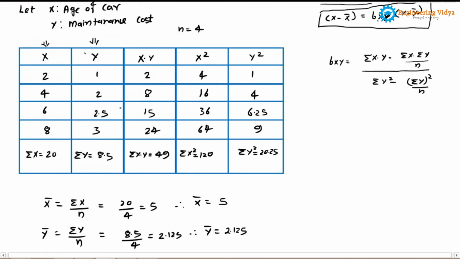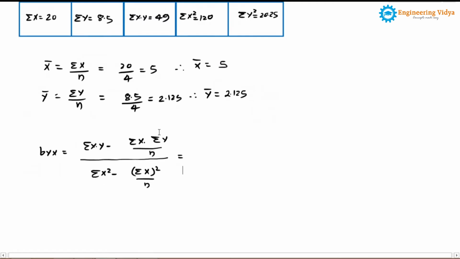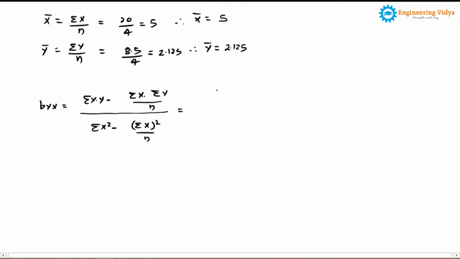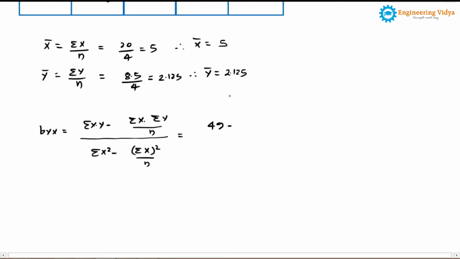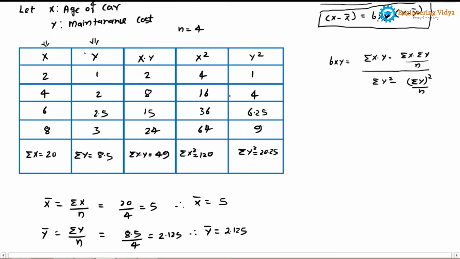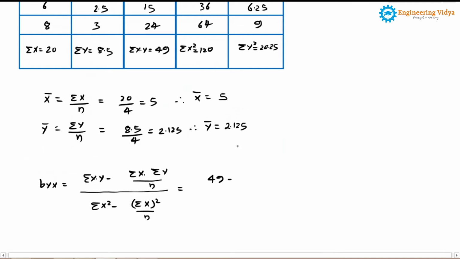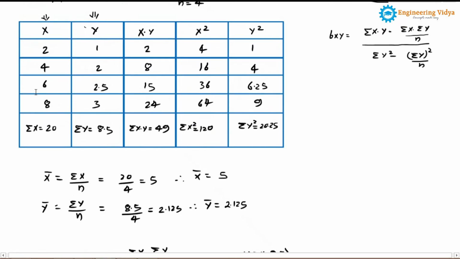Summation of x into y is given, and it is 49. So this is 49 minus summation of x, which is 20, and then summation of y, which is 8.5, divided by n. Total n we have is 4.